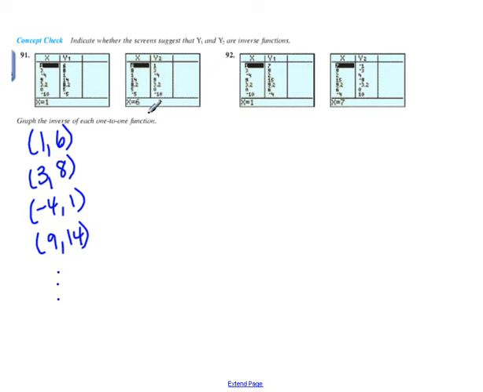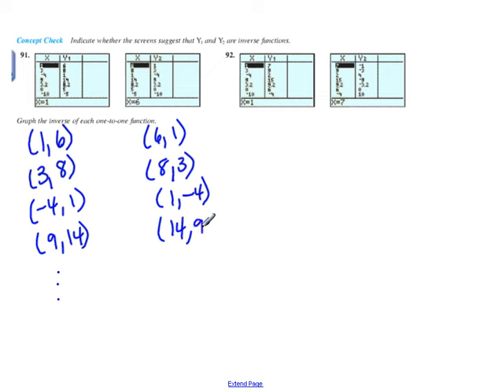On the inverse function, we would expect to see 6, 1, 8, 3, 1, negative 4, 14, 9, and so on. And do we see that here? Yeah, we have 6, 1, 8, 3, 1, negative 4. So yes, these are inverses.